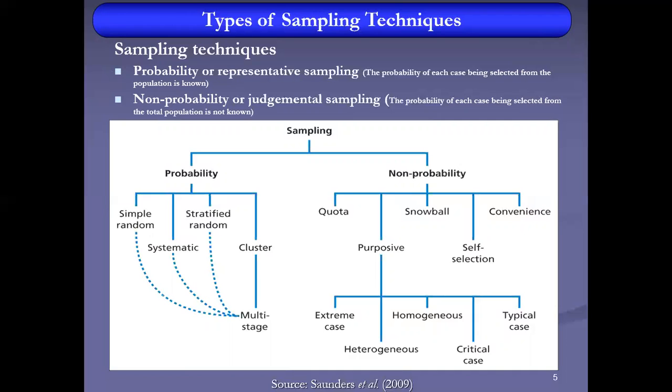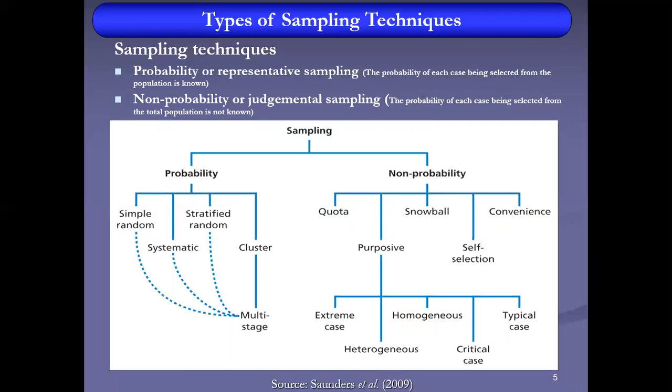What is non-probability sampling? The probability of each case being selected from the total population is not known. There are different types of probability and non-probability sampling. Probability sampling includes simple random sampling, then systematic sampling, stratified random sampling, cluster sampling, and if we combine random, stratified and systematic sampling, it is called multi-stage sampling.